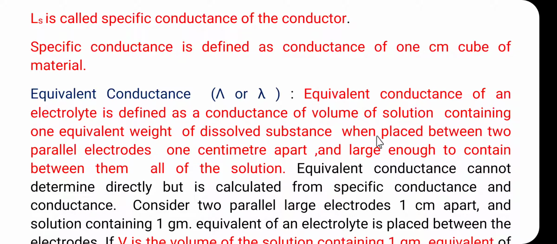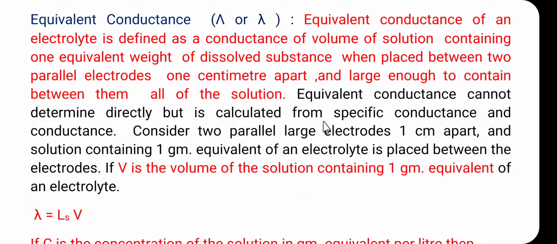And the last and very important term in electrolytic conductance is the equivalence conductance. Equivalence conductance is denoted by the symbol lambda. It means the conductance of the volume of the solution containing 1 gram equivalent weight of dissolved substance when placed between two parallel electrodes 1 centimeter apart and large enough to contain between them all of the solution.